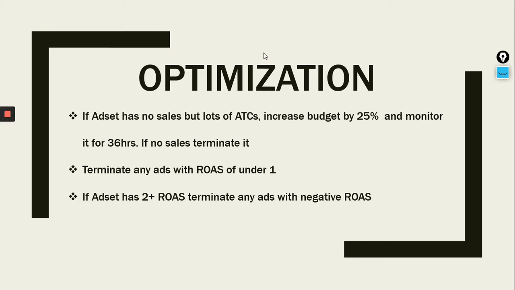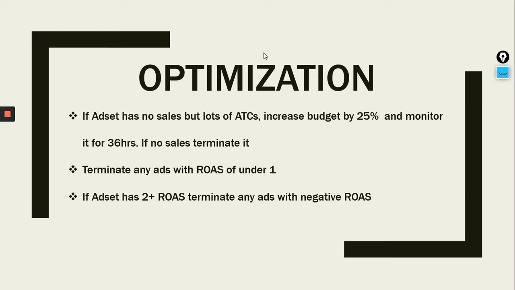Now, if your goal is purely to collect data and email lists, and you don't care about breaking even, sure, leave it. But otherwise, just go ahead and terminate it. You don't need it.